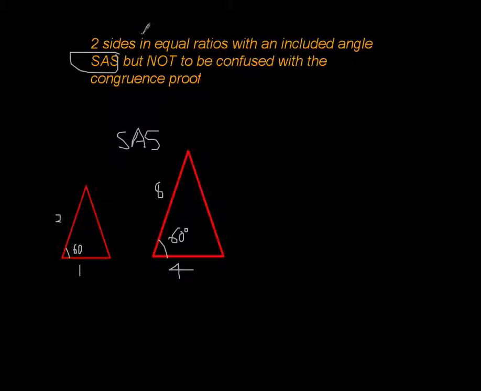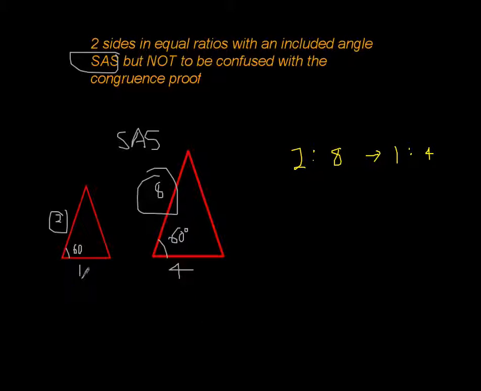Now, what does the first part of the proof mean? Two sides in equal ratios. Well, we can construct a ratio and find out. So these two seem to be corresponding sides. Let's use them. 2 is to 8. Well, that just simplifies to 1 is to 4.